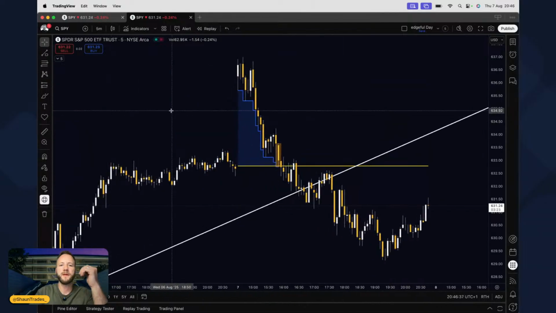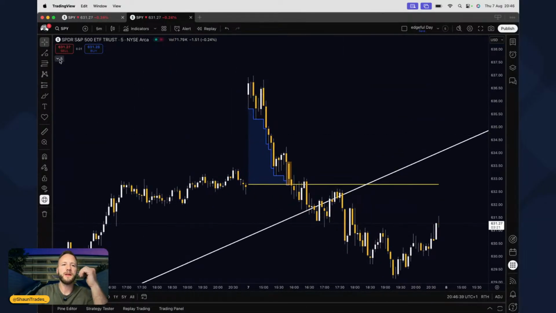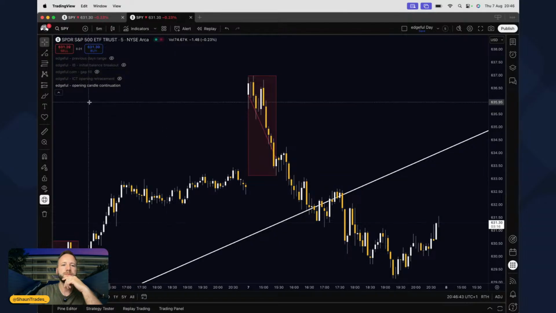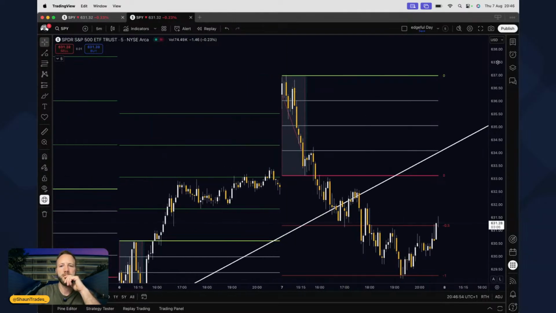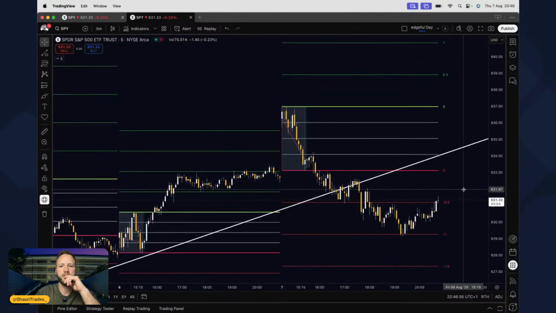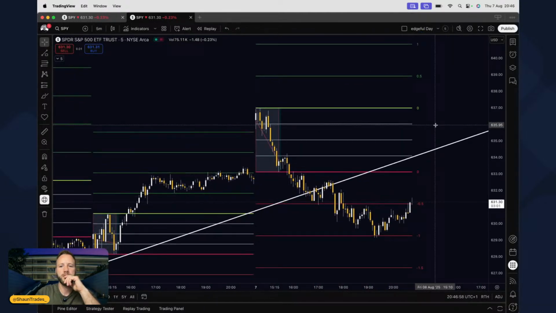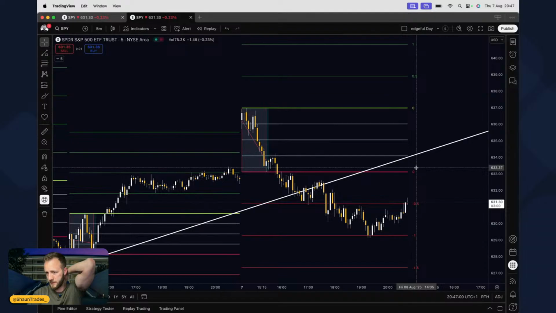But yeah, so another one is obviously the opening candle continuation report. Initial balance breakout, that's what we want. Interesting.